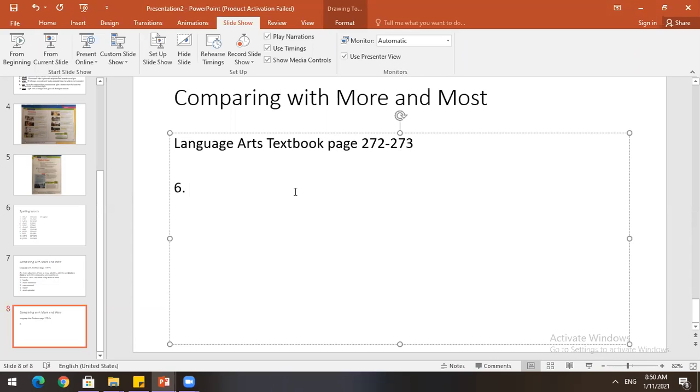Kinsey, can you answer number 6? Sure. New York City's traffic is more terrible or most terrible than Boston's? More terrible. Thank you. Malak, number 7. Nurhan, number 7.